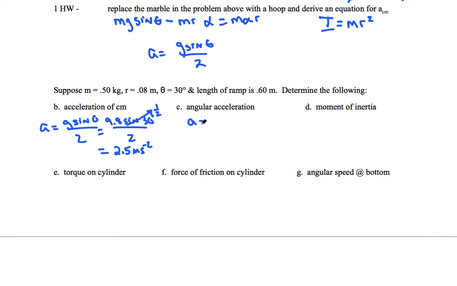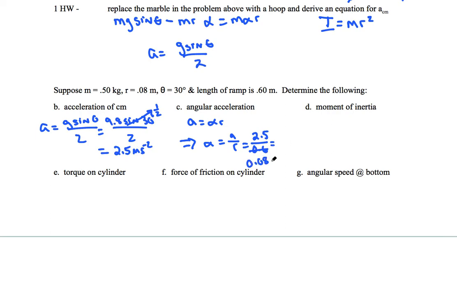Now the angular acceleration, a equals alpha r, so that gives us alpha equals a by r. I get 2.5 divided by the radius of 0.6, and that gets me an angular acceleration of 2.5 divided by, oh, I'm sorry, the r is 0.08.